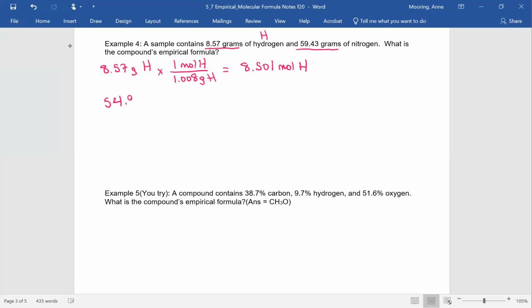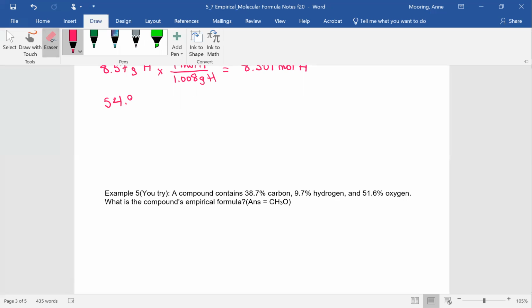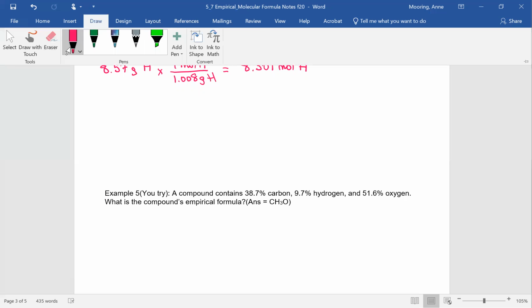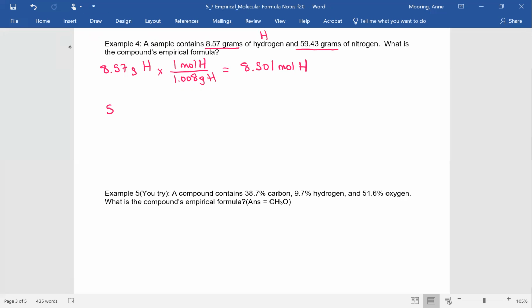I'll do the same thing with the nitrogen. Oh, I've got that wrong. Let me correct that. I inverted some numbers. I have 59.43 grams of nitrogen. Remember, this is not the diatomic because it's part of a molecule. 14.01 grams of nitrogen, 1 mole of nitrogen, is equal to 4.24 moles of nitrogen.